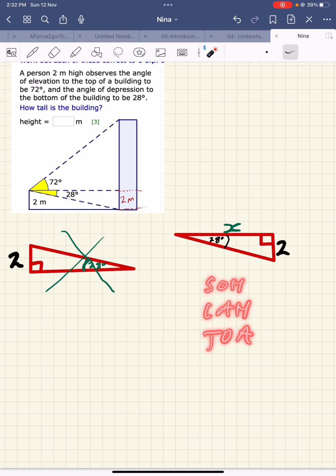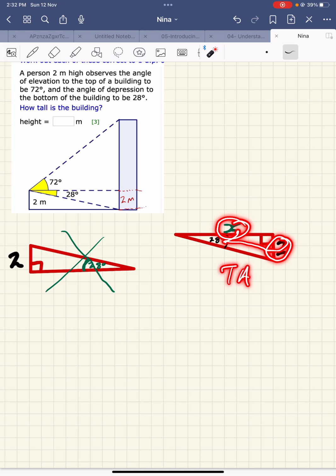SOHCAHTOA. And we've got this angle here, opposite, adjacent, it looks like it's tan. So tan would help us to find the x here. Now let's just see why that might be useful. If we now switch out to the other triangle, can you see the triangle here?